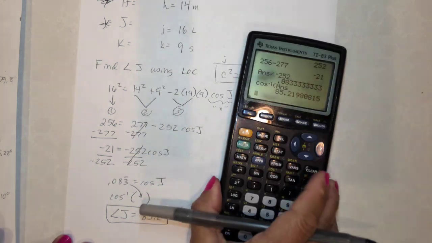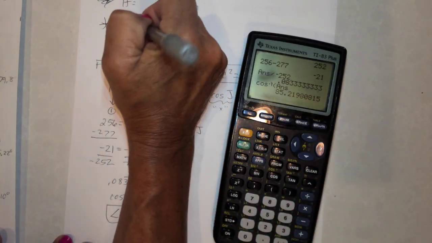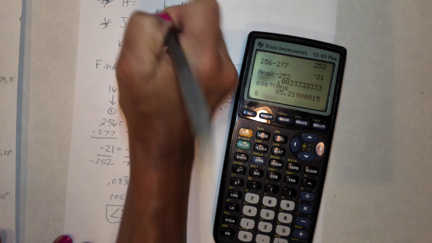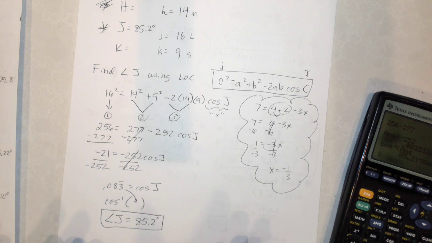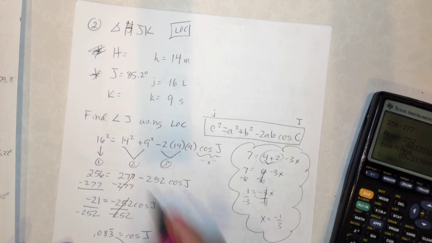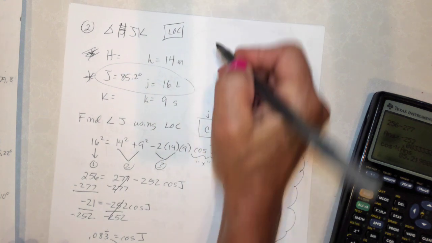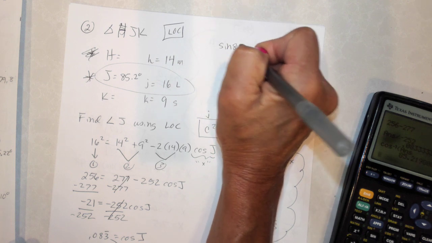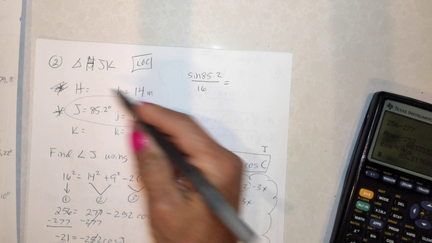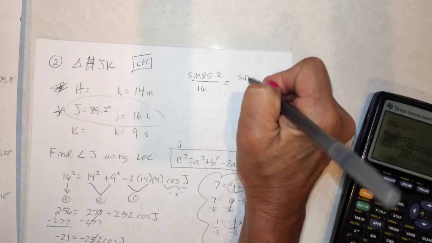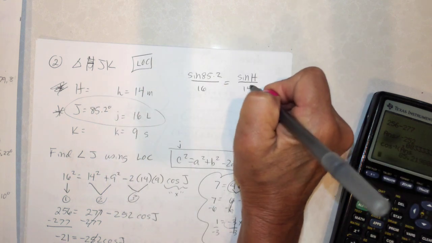We're going to end the year with a good one. So 85.2 degrees. But as promised, you should never have to use the law of cosines more than once, because now I've got a pair and I can say sine 85.2 over 16 equals, and I'll go ahead and find h next, sine h over 14.